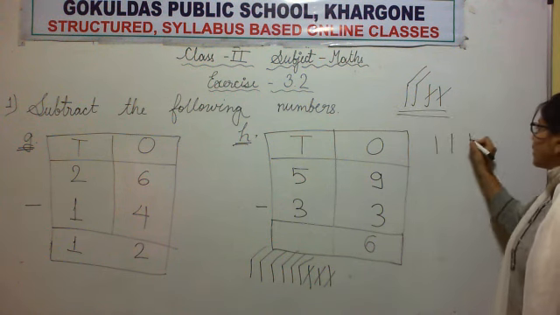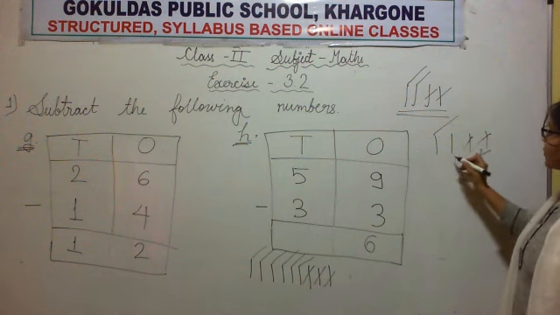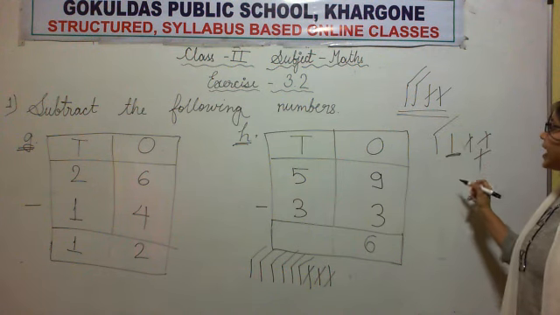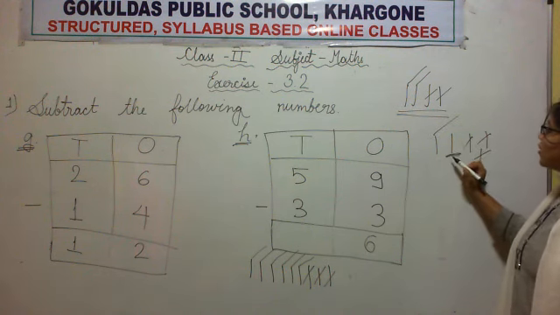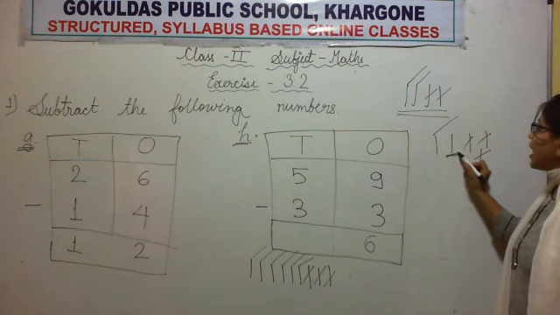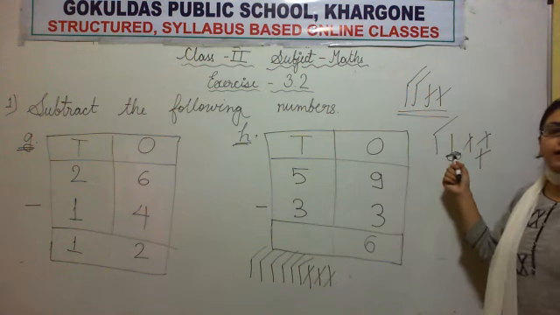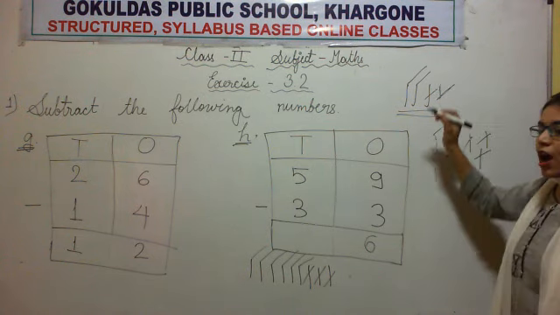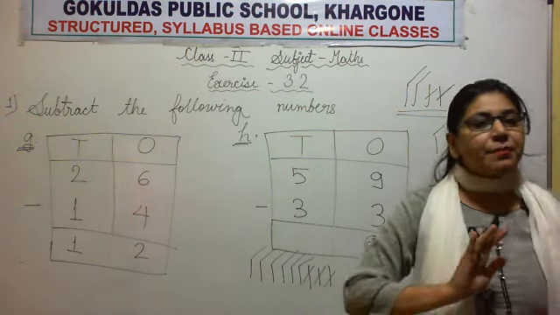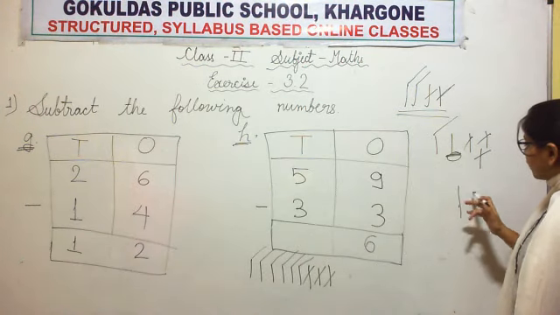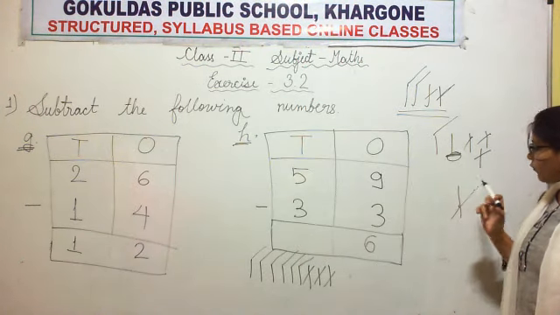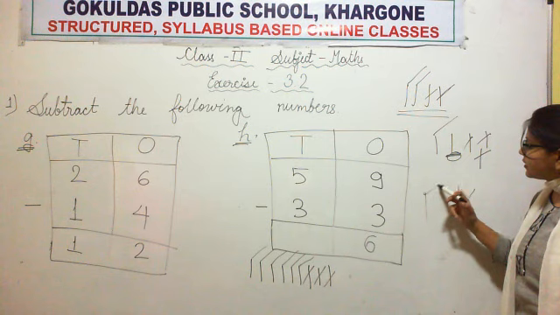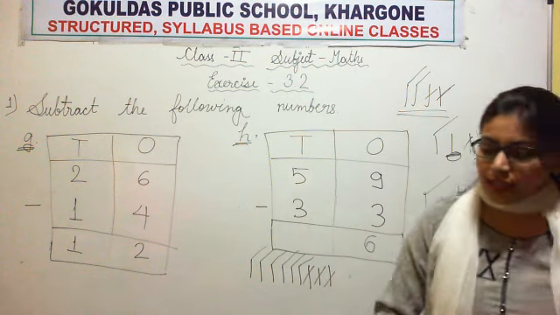If I left a stick here, I can identify that it is not cancelled or not counted, and then I can identify that here is the mistake. That is why we are cancelling and counting. This is how we will cancel the sticks and this is how we will count them.